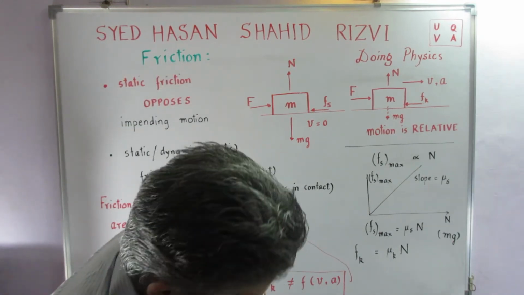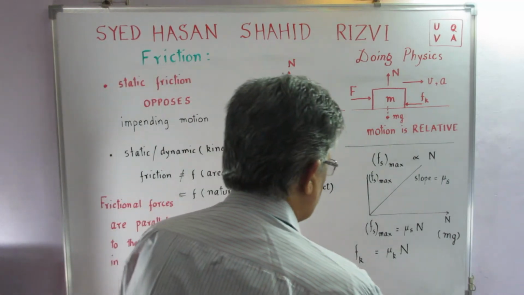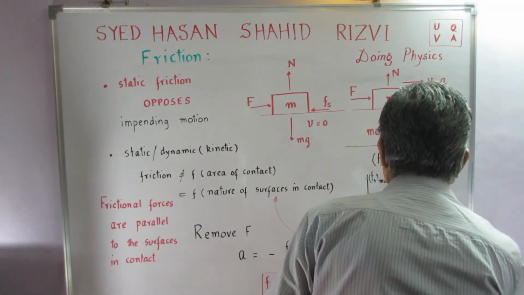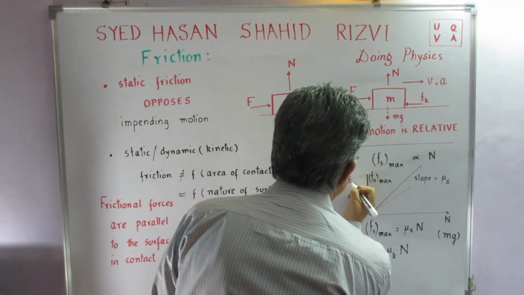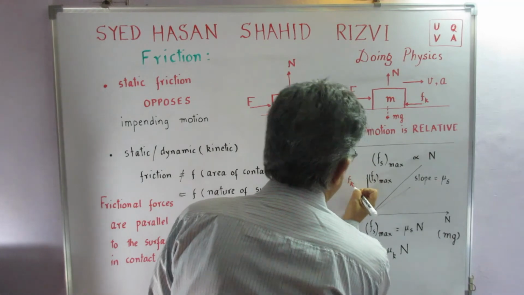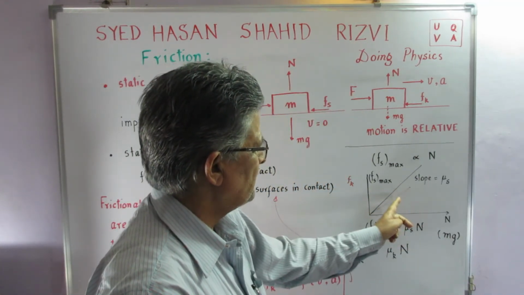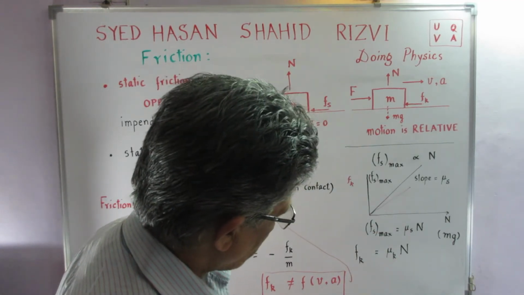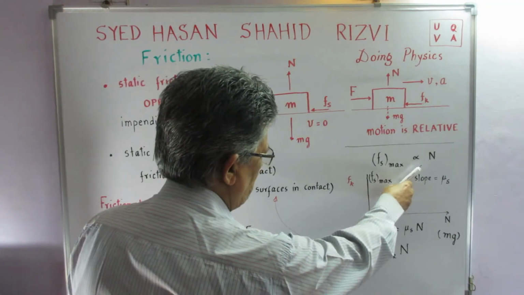So in that case my slope here will be less. So Fk as a function of N, we will plot that the slope is mu N, and the slope is less as compared to the slope over here.